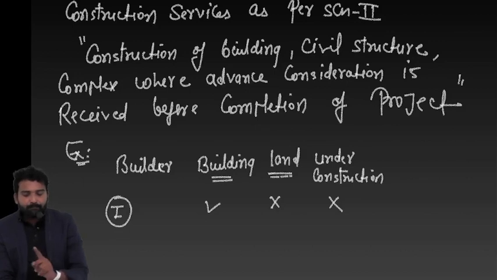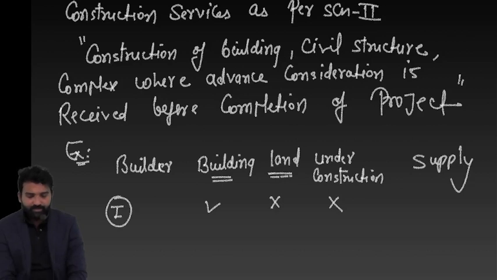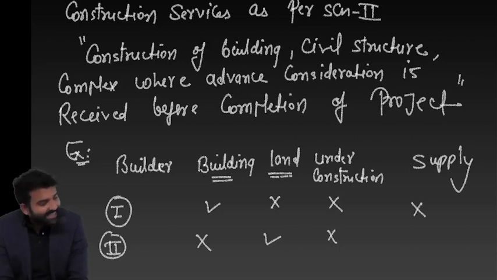If a builder is selling a building that is not under construction, then of course it is covered in Schedule 3. It's not a supply. If he's selling the land, of course, selling of the land is not a supply because it's not constructed at all.